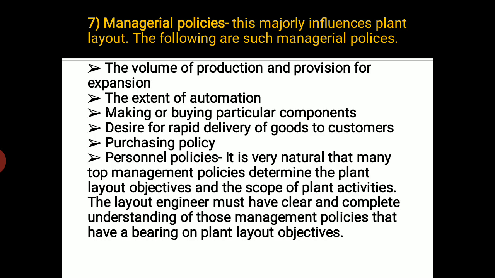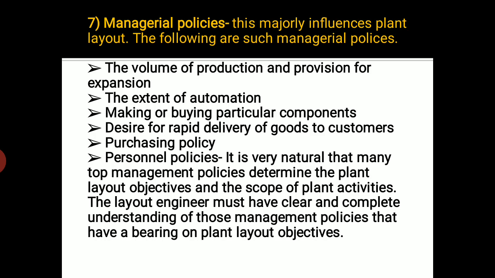This is how we have studied 7 different factors today, that tell us they are to be studied properly. Here we have listed 7 factors, but there may be more than 7, or there may be fewer, and there are always factors beyond these 7 that we have studied, because the plant layout differs from person to person.